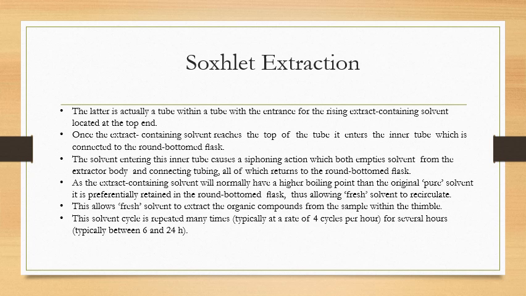Soxhlet extraction. The latter is actually a tube within a tube with the entrance for the rising extract containing solvent located at the top end. Once the extract containing solvent reaches the top of the tube, it enters the inner tube which is connected to the round bottom flask.